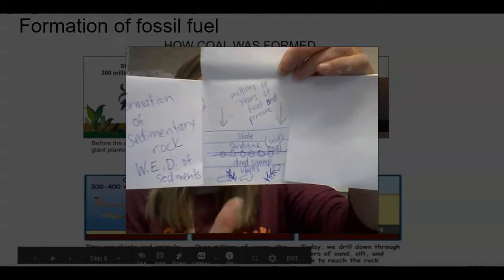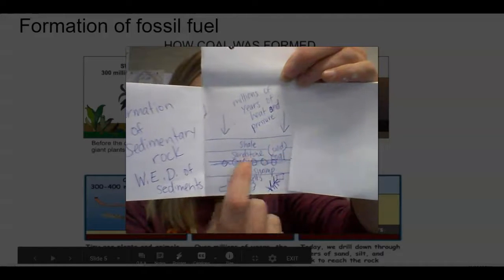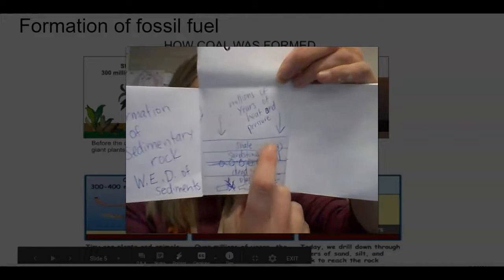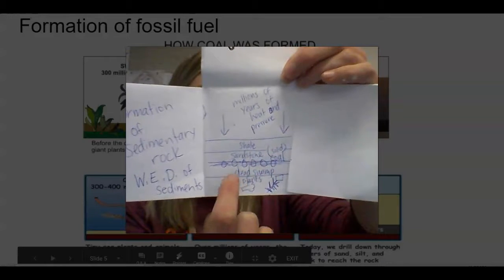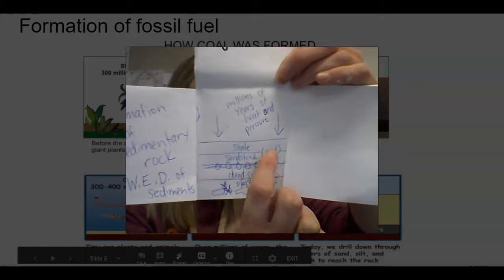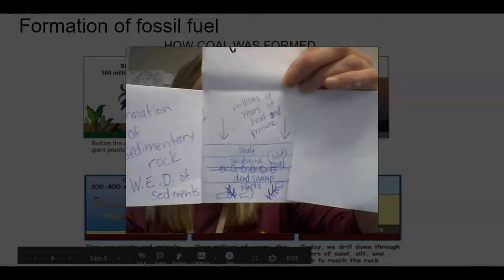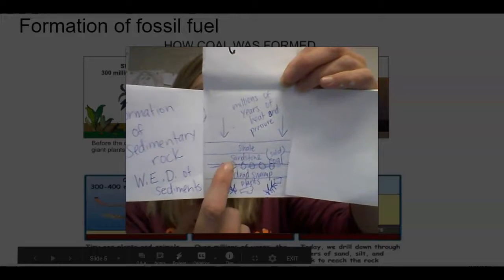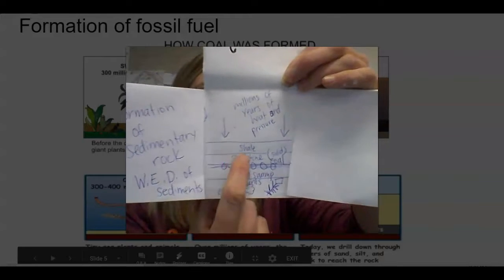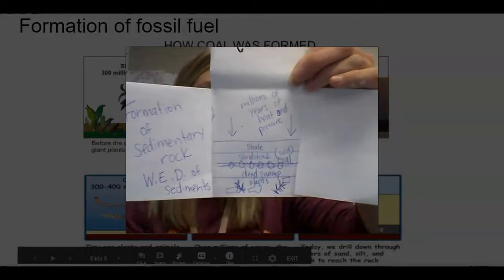Then you have your coal. It turns into a coal layer, which is our solid. So all of these plants turn into this right here, this coal, which is a solid. So it's really hard, like the rocks I just showed you. And then on top of the coal, you see sand, sandstone, and shell.